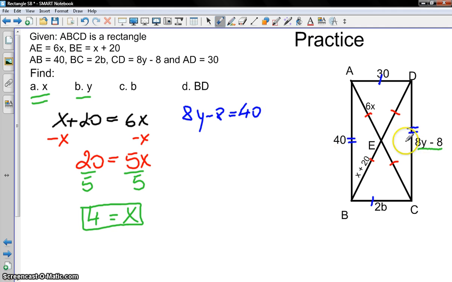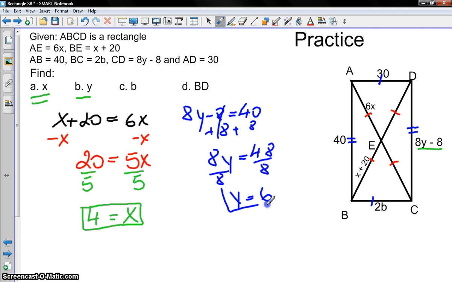And the reason why it has to equal is one of the properties of a rectangle. So I'm going to add 8 on both sides. That's going to give me 8y has to equal 48. And when I divide by 8, I'm going to get a y of 6. This is my answer for the second part of my problem.